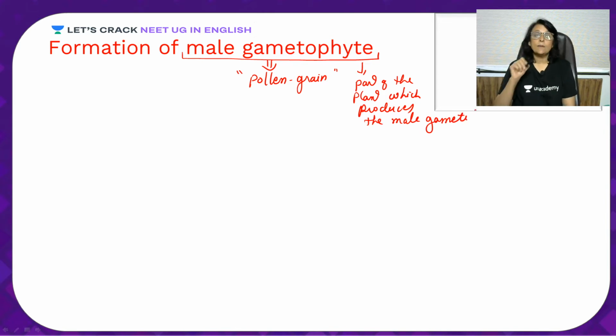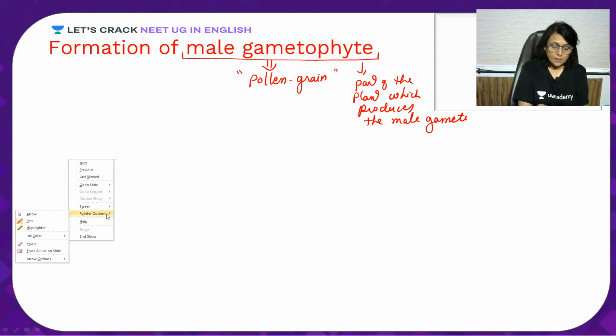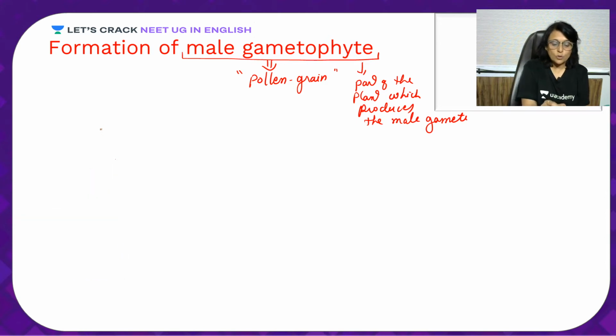That is known as the male gametophyte. So now let us take this same thing, that is our microspore. So these microspores are now separate. This was our microspore tetrad, and these microspores are now separated.